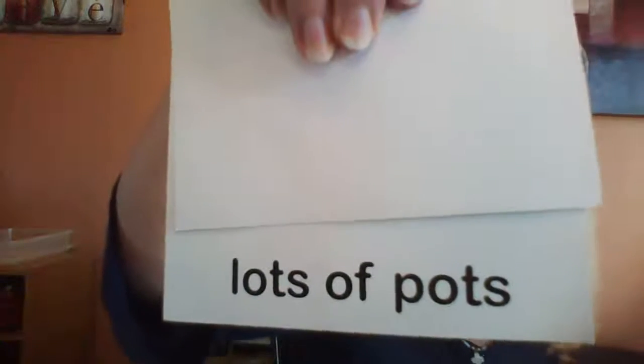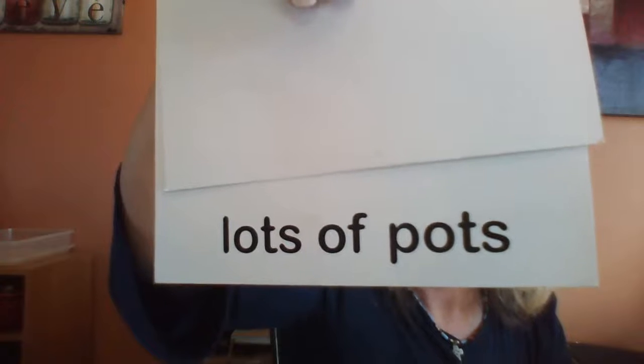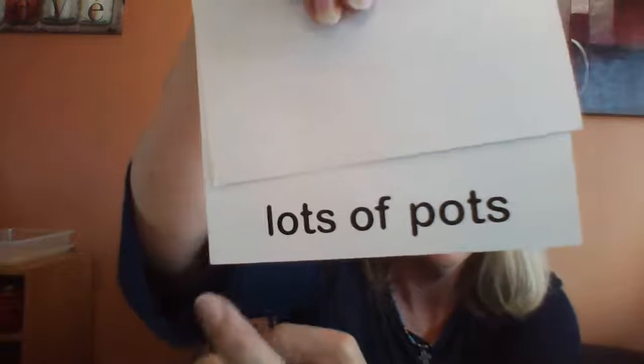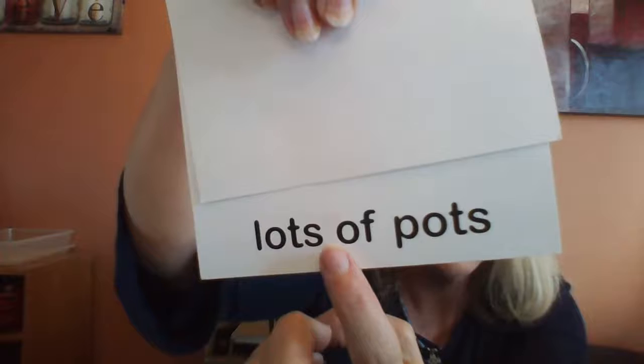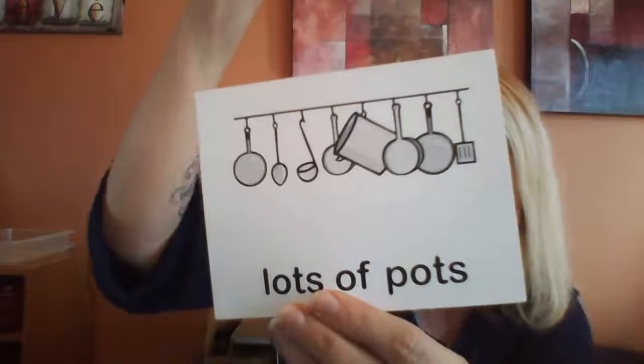Okay, we're almost done with our video. Let's practice. You know what I'm going to do? I'm going to have us practice some phrases. So these are little pictures that have more than one word on them. So I'll give you just a second to try and read it, and then we'll see if you got it right. Lots of pots.